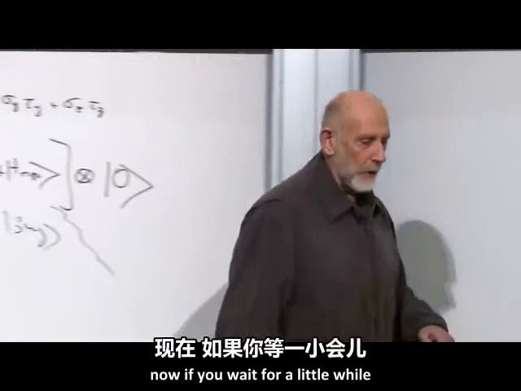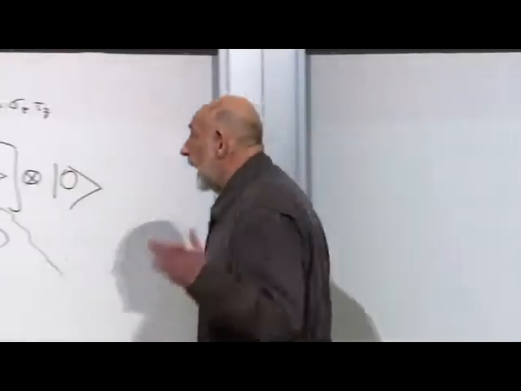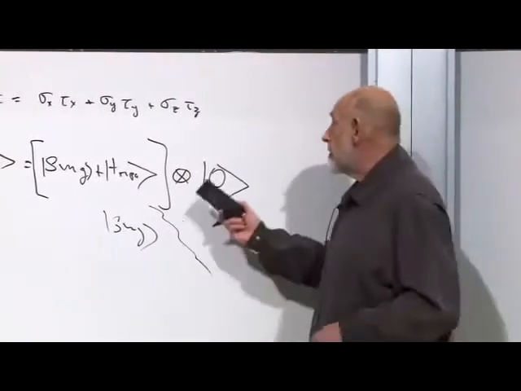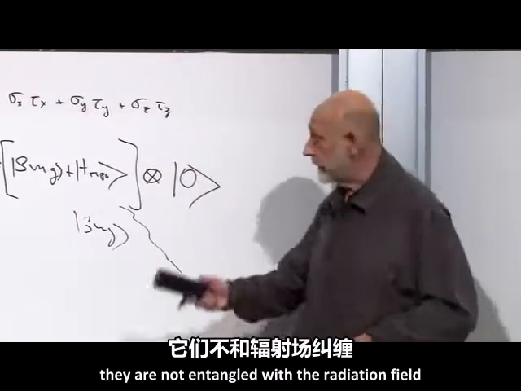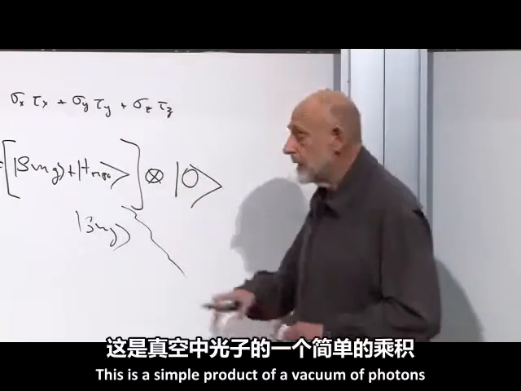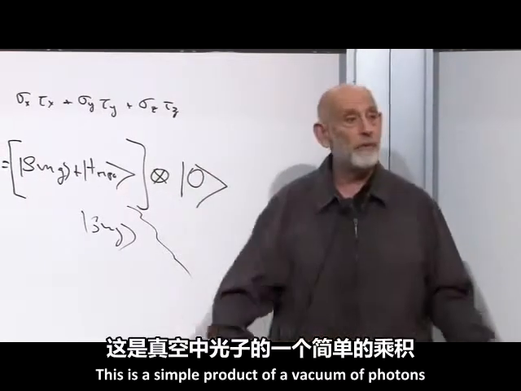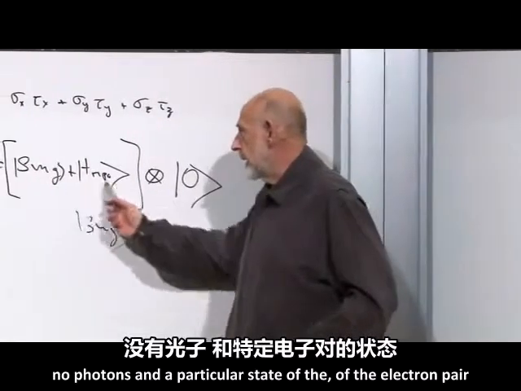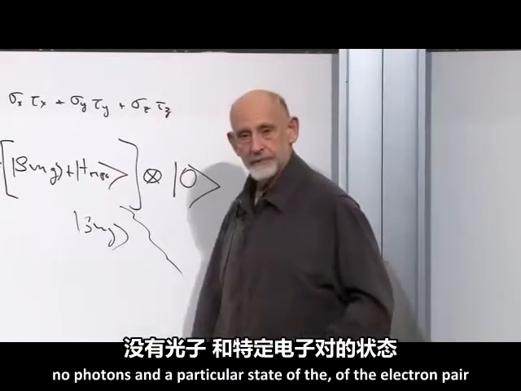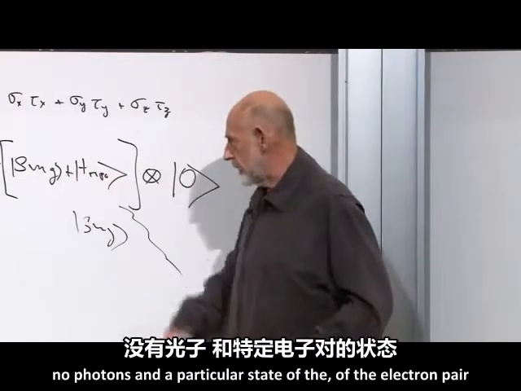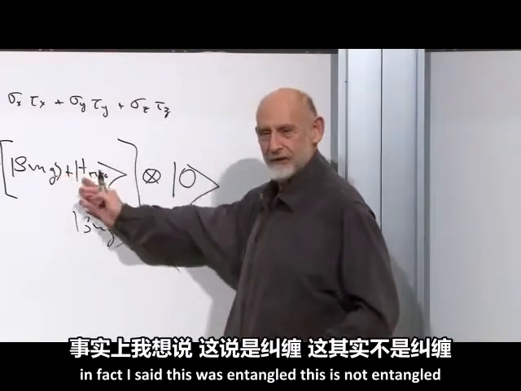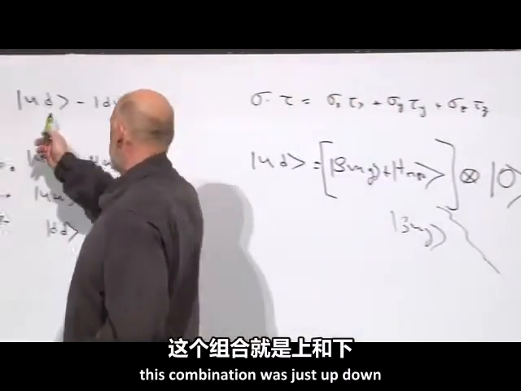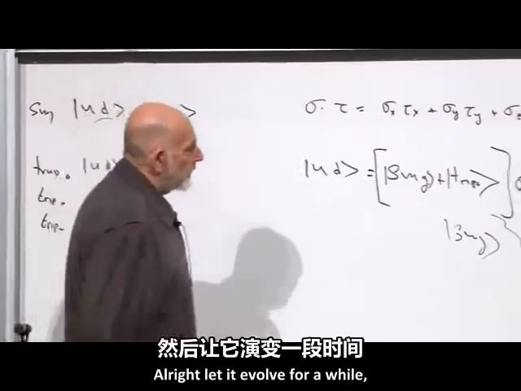Now, if you wait for a little while, while the electrons are entangled here, they are not entangled with the radiation field. This is a simple product of a vacuum of photons, no photons, and a particular state of the electron pair. All right, now you let it evolve for a while.